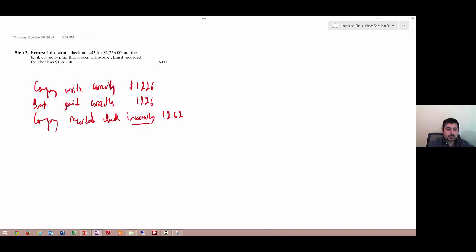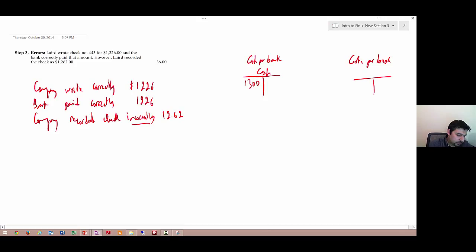let's assume, this is just an assumption, that the company's unadjusted cash balance was $1,300 and that there was only this adjustment. So let's say that this is cash per bank. The cash account was originally a debit of 1,300, and cash per book was again 1,300.